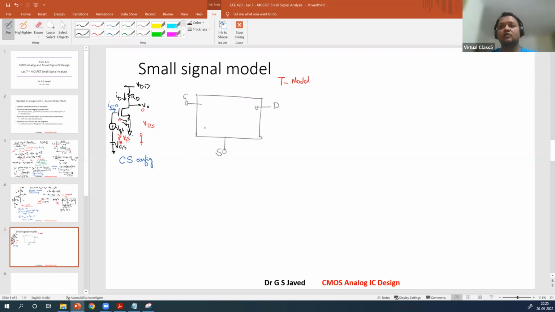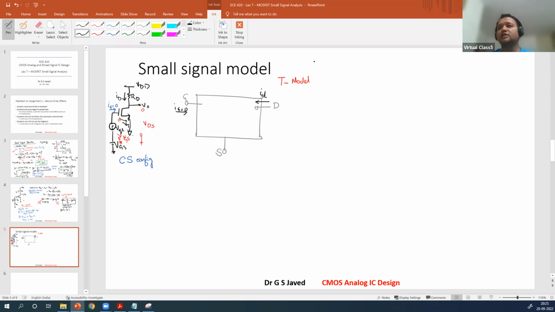So let us continue. What is the current going into G? Current going into G is 0. Ig is 0. What is the current going into D? It is going into the drain. Is this given as small i, capital D? No, it is not, because it is a small signal model. It is only small d.